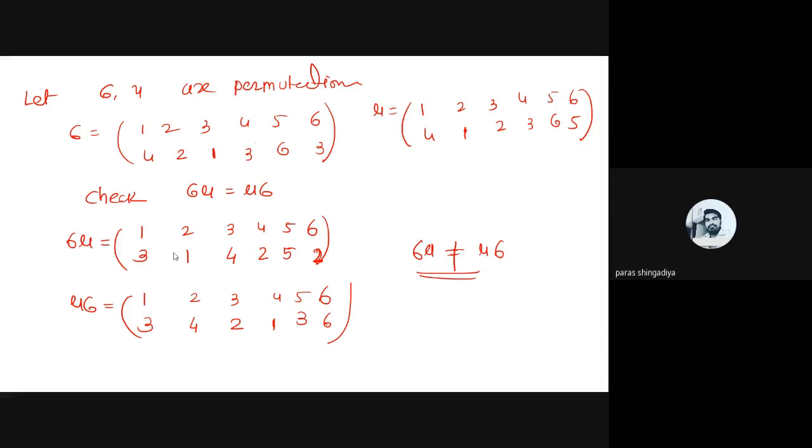And then after that, if you create the inverse, for example, we have to decide the inverse of any permutation, so how can we check the inverse?